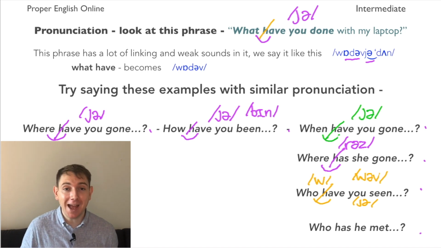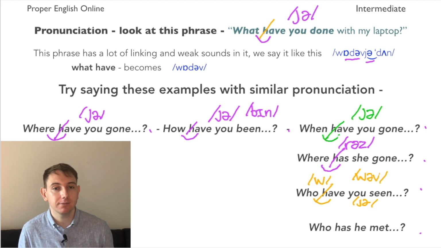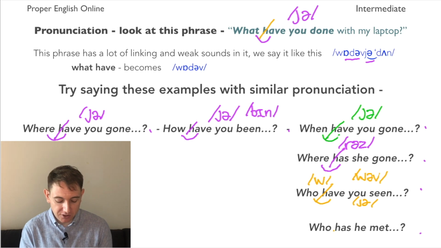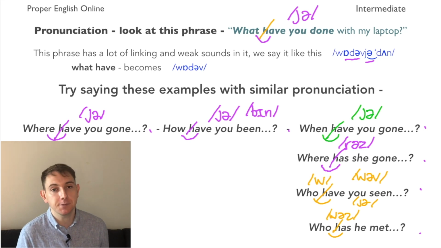Okay, one more. Who has he met? There's two ways to do this. Let's do the first way. Who has he met? So again, the H disappears and we join this together and we get kind of a W sound. Sorry, try that again. Who has he met? That's one way of doing it.